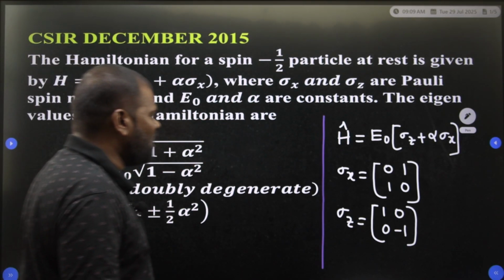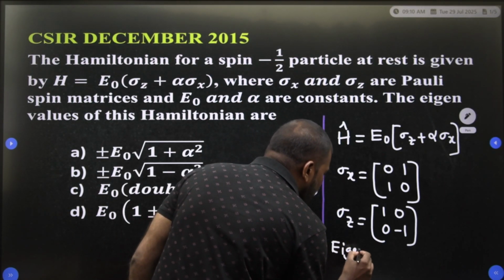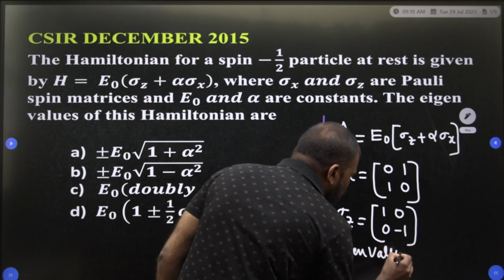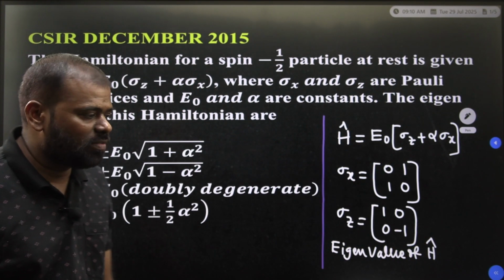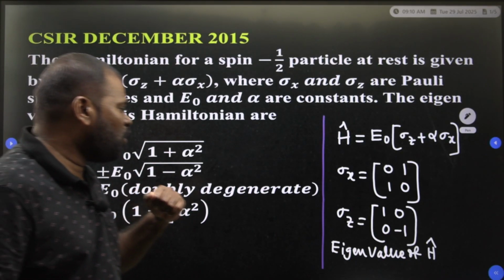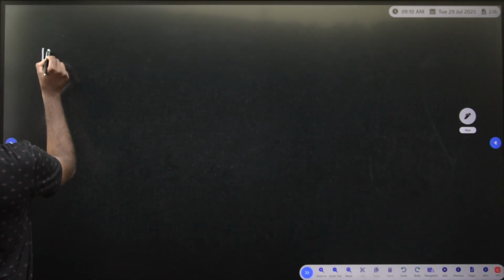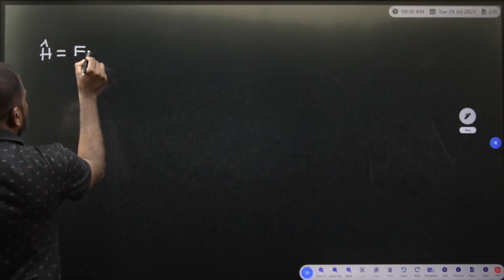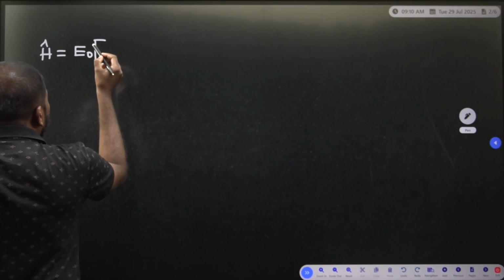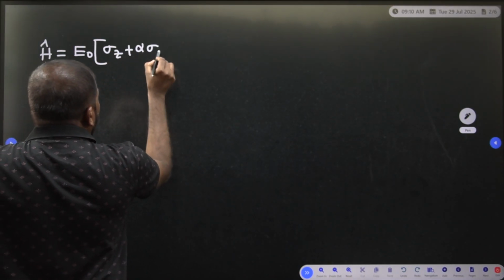What we need to calculate is the eigenvalue of the Hamiltonian matrix. How are we able to calculate this? To solve this, first you have to substitute the matrices and make it one matrix: H is equal to E0 sigma z plus alpha sigma x.